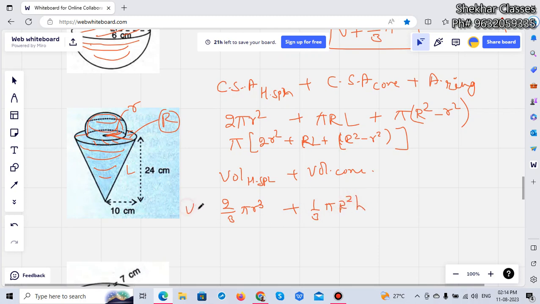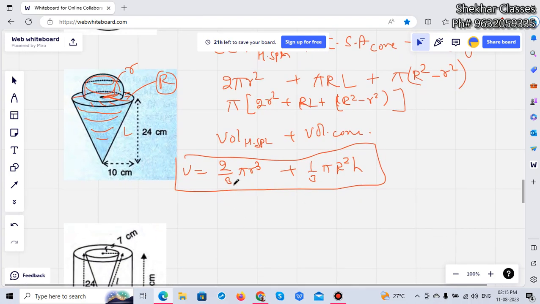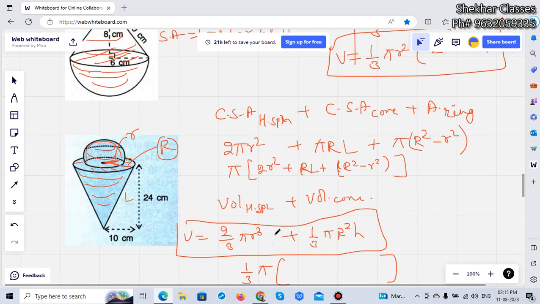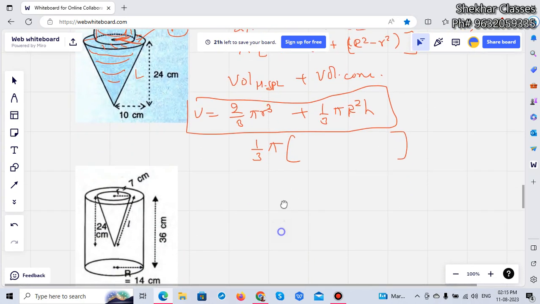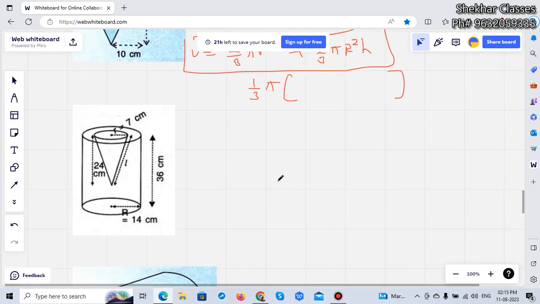So add the two and you will get the volume of the entire thing. Is it okay? It's not yet done. You have to reduce it by taking common. I think I can take 1/3 and pi common. Whatever is left over, then you substitute the value. So this is how we have to solve it. Otherwise, it will take a lot of time to calculate.